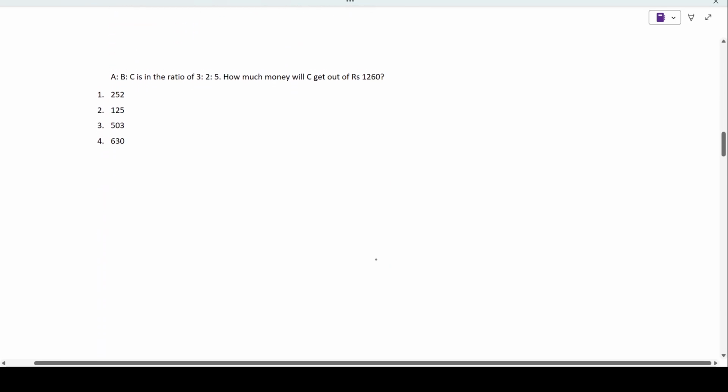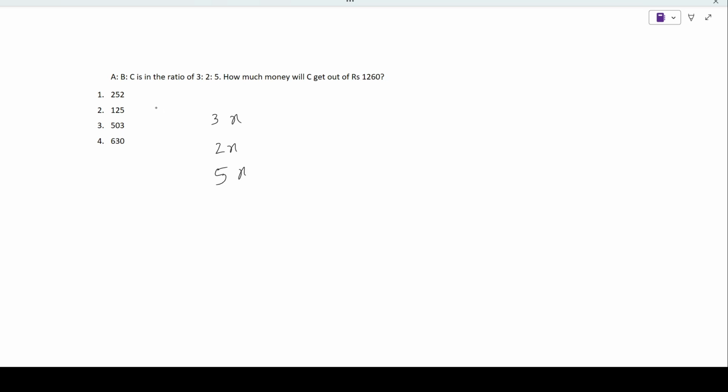So first question is, A ratio B ratio C is in the ratio of 3 ratio 2 ratio 5. How much money will C get out of 1260 rupees? So let's say A gets 3x, B gets 2x, and C gets 5x, the money A gets, the money B gets, the money C gets.